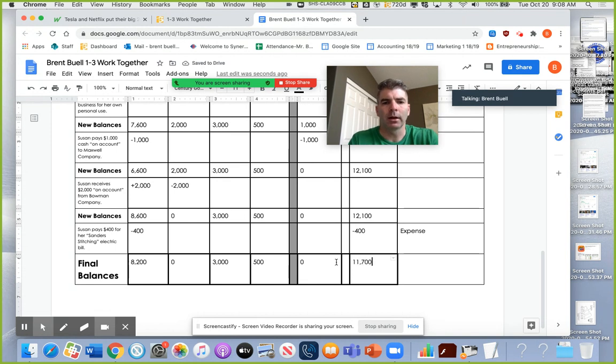Okay, and then what I always do at the end, I don't have the question at the bottom. I didn't put like, do they all equal in red, but I go 8,200 plus 3,000 is 11,200 plus 500 is 11,700. Come over here, 0 plus 11,700 is 11,700, and I feel so good.